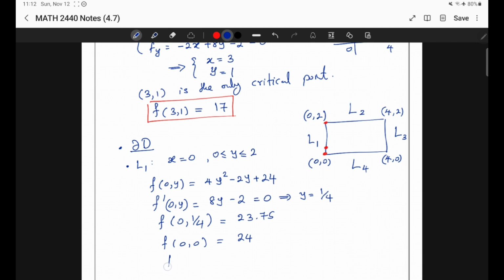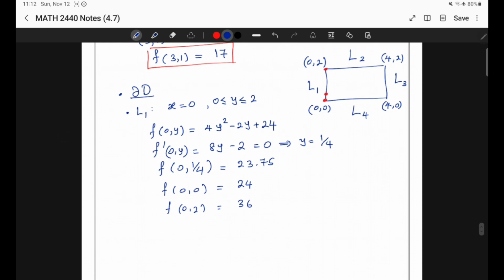Then you plug in f(0, 2), you get 36. So I'm not going to show how you get all these numbers. You just plug them into the function, you get the answer. Right.